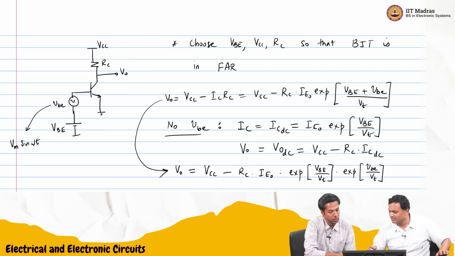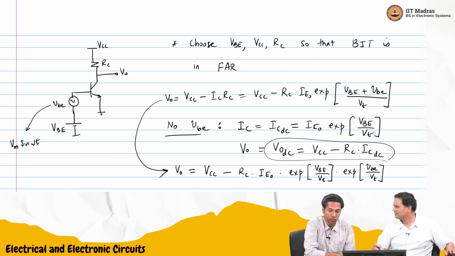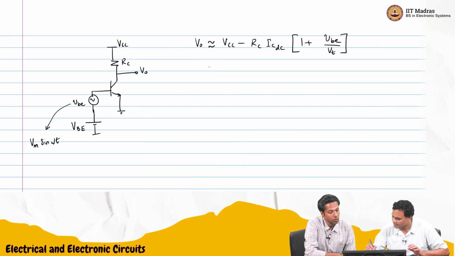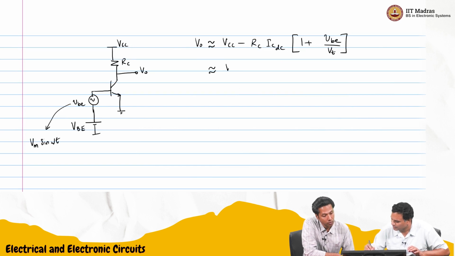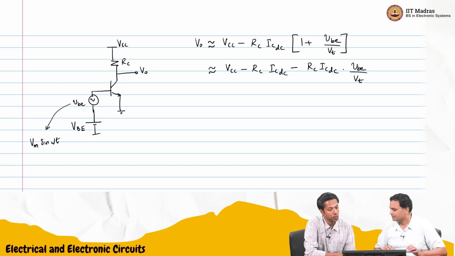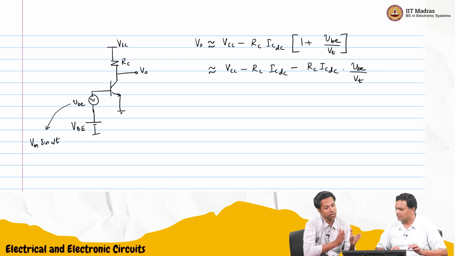is VCC minus RC ICDC. This also we found out. We'll write it in terms of that. So there is a DC quantity, that's the first two terms.